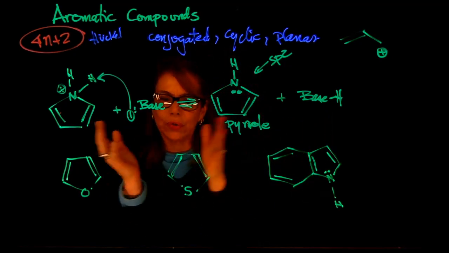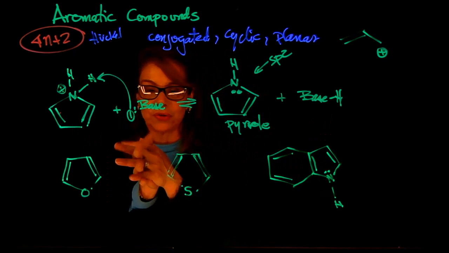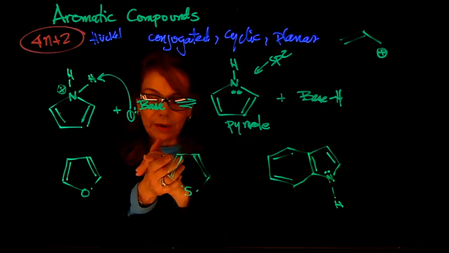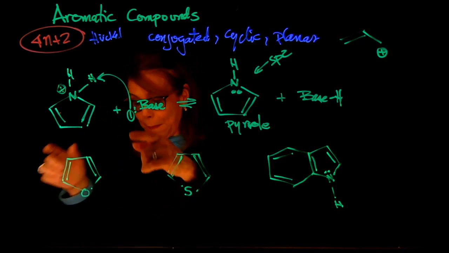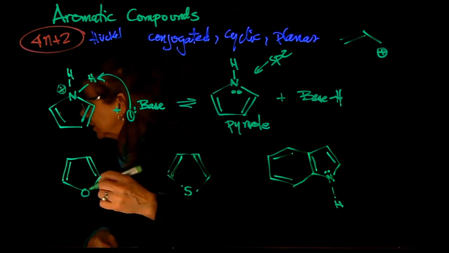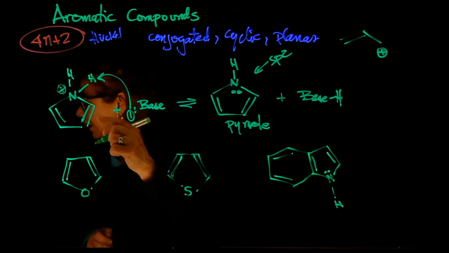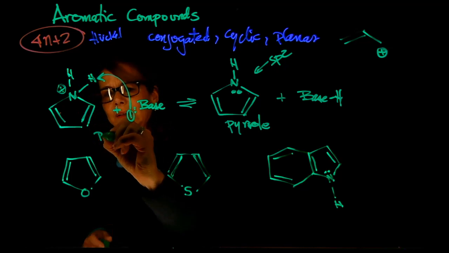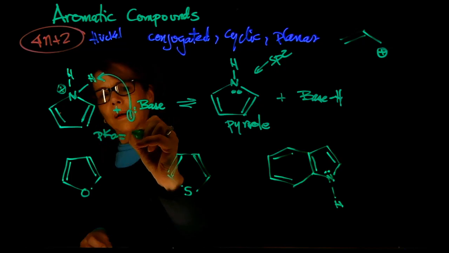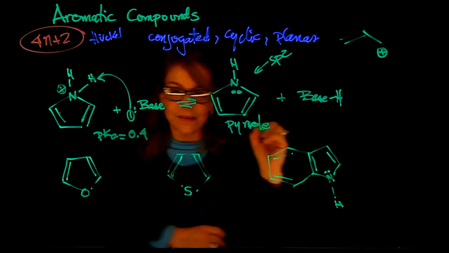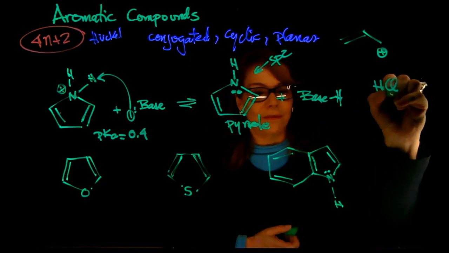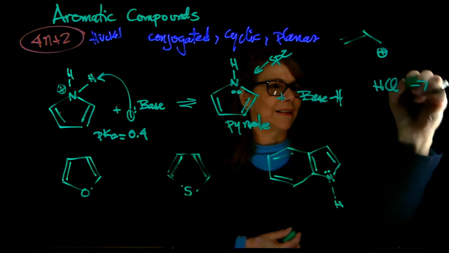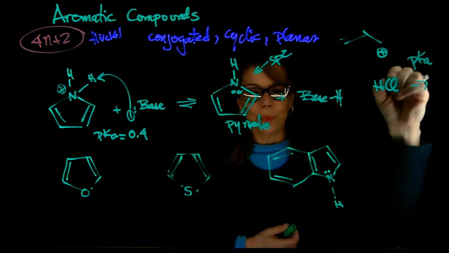So when you're doing the acid-base reaction, notice that pyrrole is much more stable than the conjugate acid. The pKa of the conjugate acid of pyrrole is actually 0.4, so very acidic. If you recall, for example, the pKa of hydrochloric acid is -7, so pretty acidic.